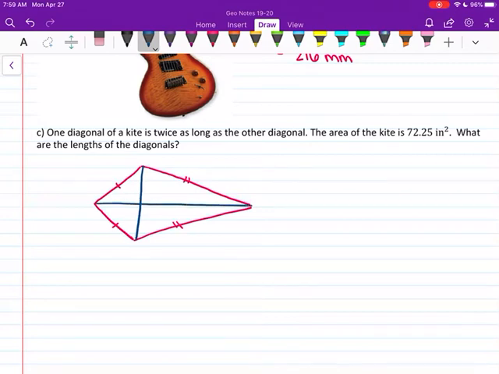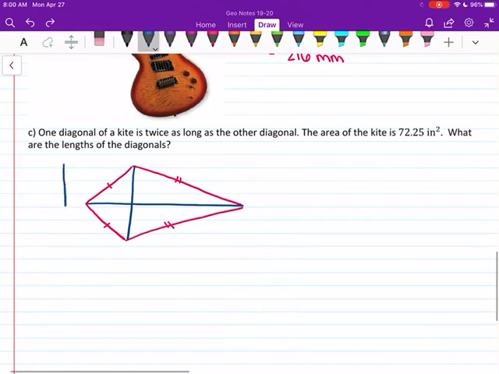Okay, so let's draw it this way. Diagonal 1 is my vertical one, and diagonal 2 is my horizontal diagonal.